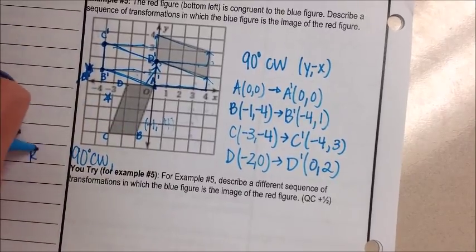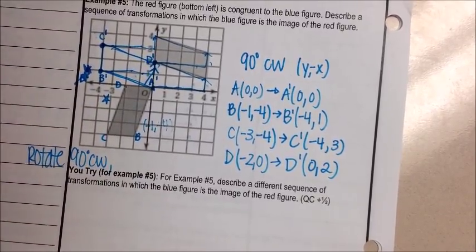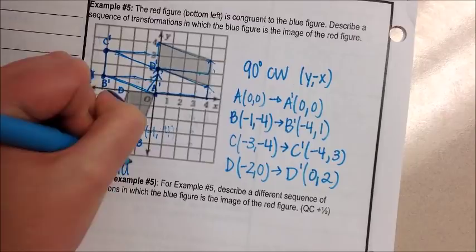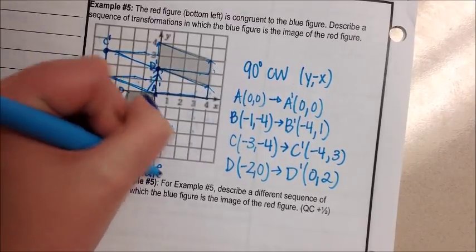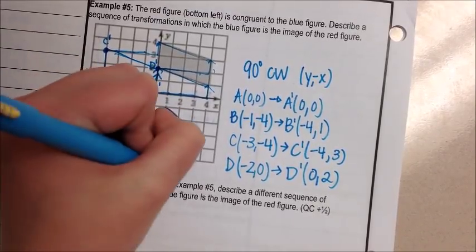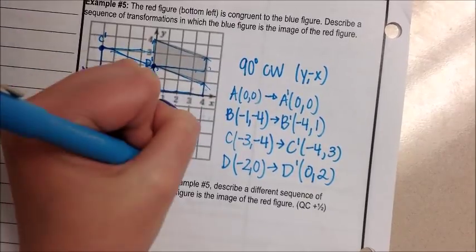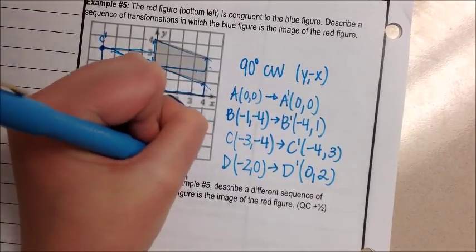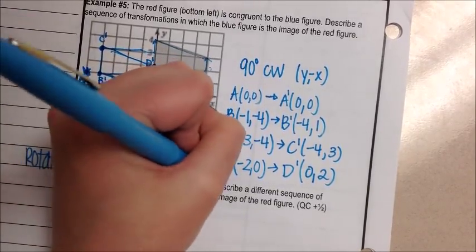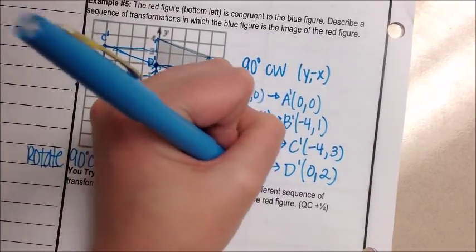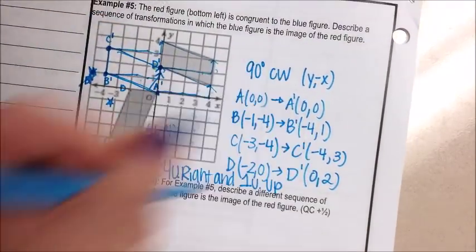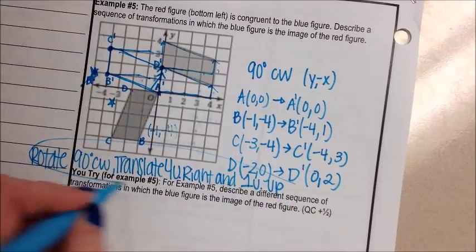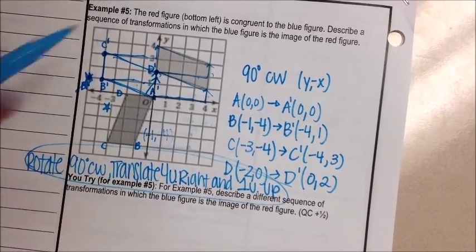So rotate 90 degrees clockwise and then translate 4 units, I'm just going to use U because I'm running out of room, 4 units right and 1 unit up. So there is your sequence of transformations.